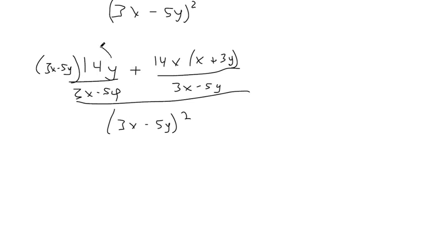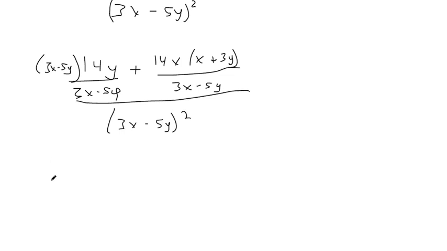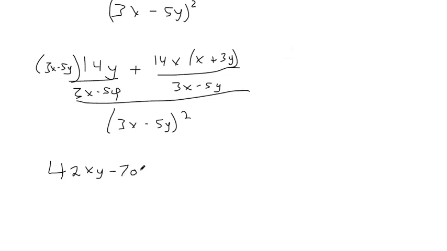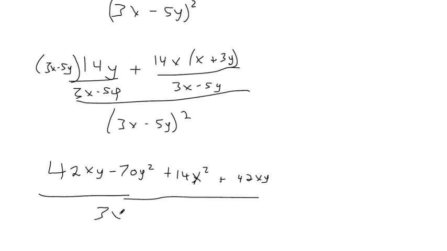I'll distribute this 14y and this 14x to everything. It's 42xy minus, my brain's too fuzzy to do that in my head right now, 70y squared plus 14x squared plus 14 times 3, 42xy, all over 3x minus 5y, and that's just the numerator.